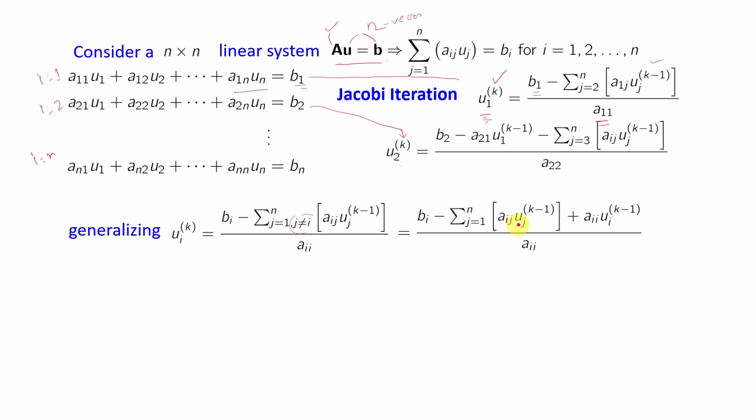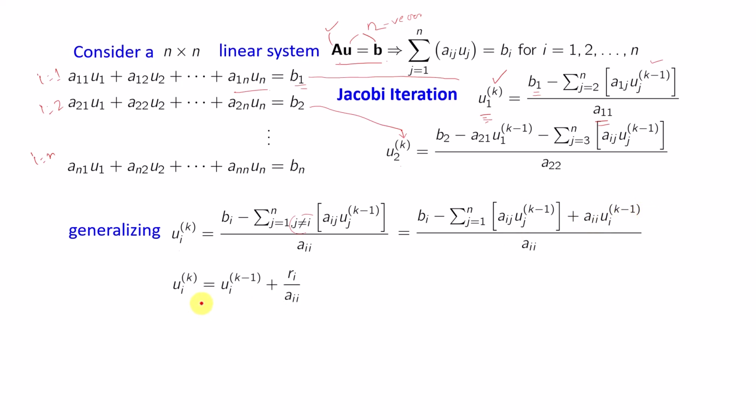But when we sum all of them, we have one extra, this Aii Ui. So I take this Aii Ui out. This is actually much easier to implement, as you will see quickly. This Aii Ui divided by Aii gives us Ui k minus 1.